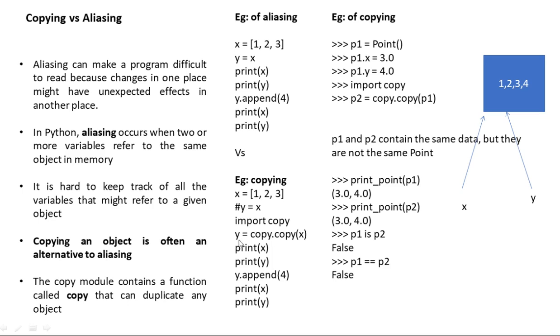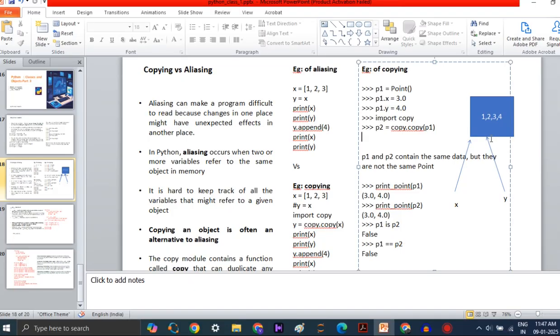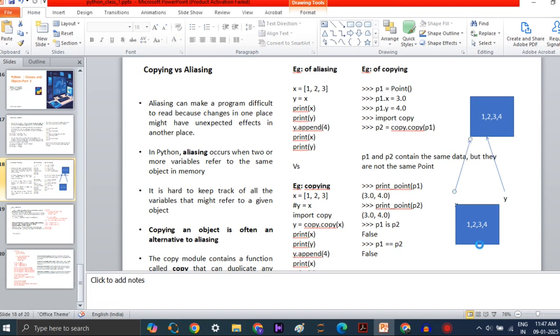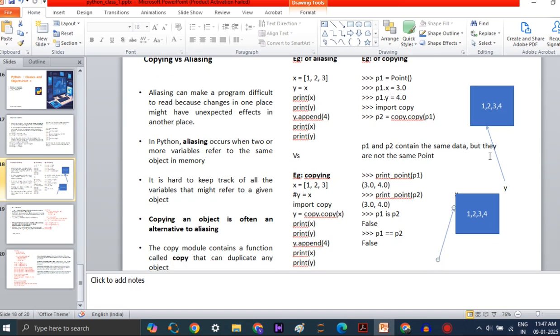Okay, when you say copy, y will not point to the same memory location. So what happens in the second case is you will have the memory location as it is. X would point to this. X will still point to this, but y will not point.